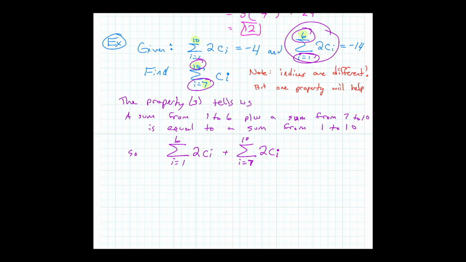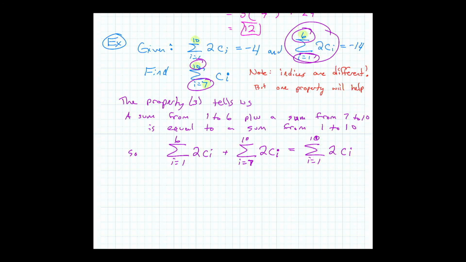This one asks for ci, not 2ci, but everything has to be the same down here. So I'm writing it correctly. If you go from 1 to 6 and then 7 to 10, that is the same as if you started at 1 and went all the way to 10 in one step of 2ci.